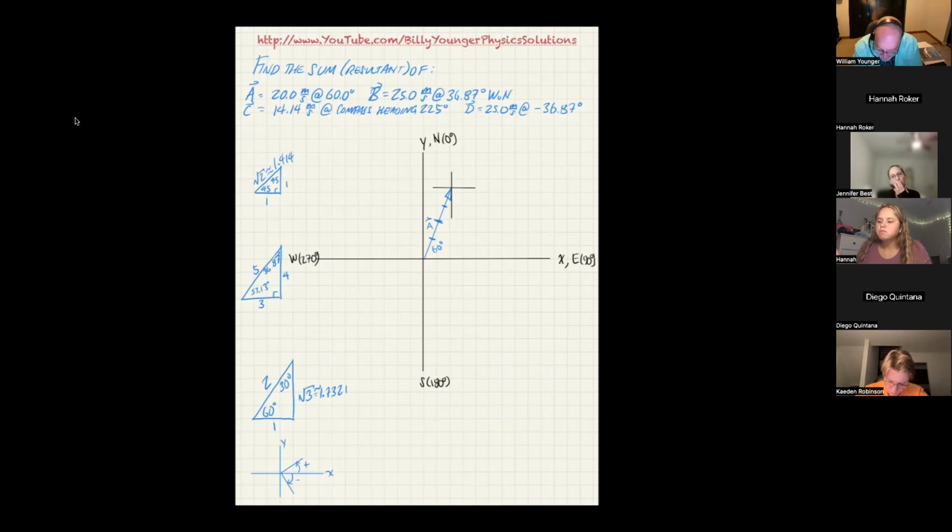Okay. So in this case, I'm doing west of north, and I need it to be 25 meters per second, which roughly gives me about there. So I have an idea roughly where I'm going to draw it to.